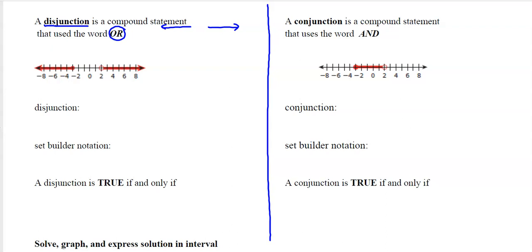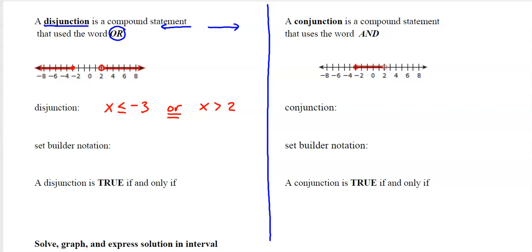As long as x is less than or equal to -3, because this is solid right here, or the other part of the solution set is over here on the right-hand side, which since this is an open circle, is x greater than 2. So you have two different types of solutions: numbers that are smaller than or equal to -3, or numbers that are bigger than 2.